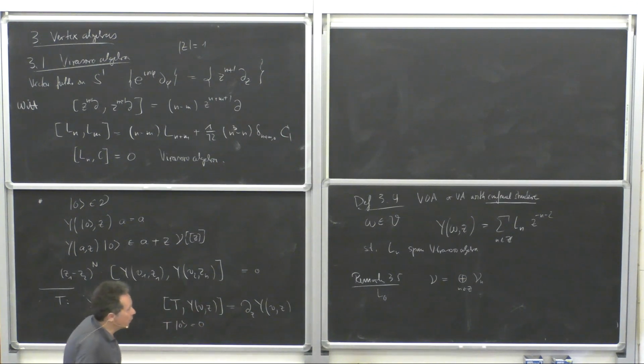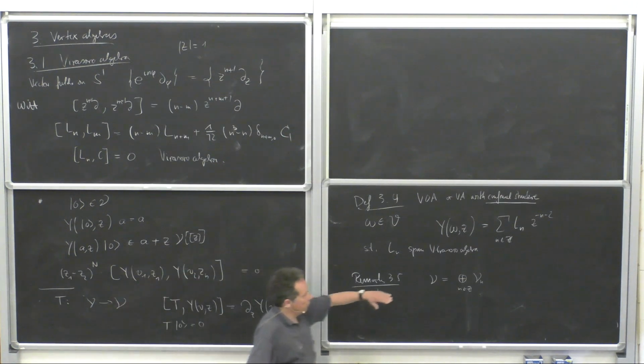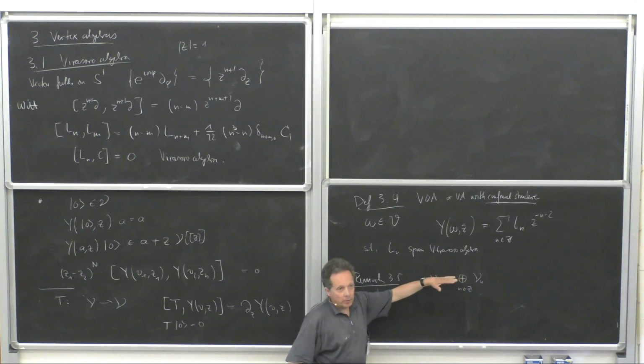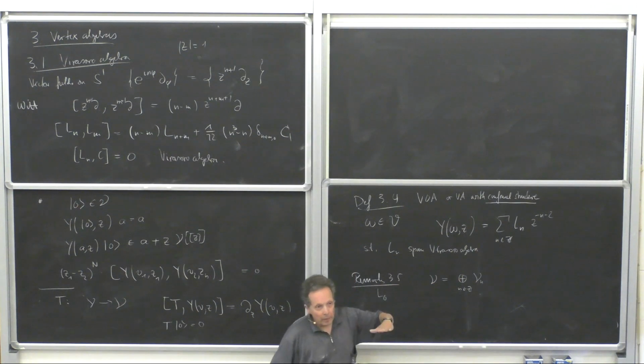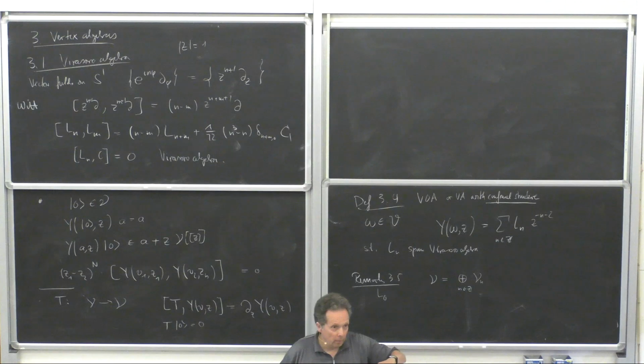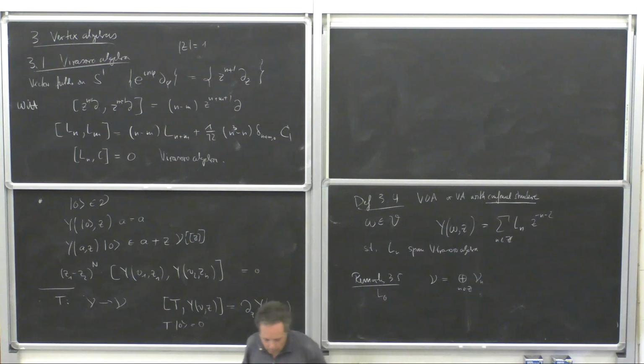This will be different for representations. In that case, diagonalizability of L_0 will not be given, so we have to work with Jordan blocks. And any Jordan block gives you just one eigenvalue, one eigenvector.